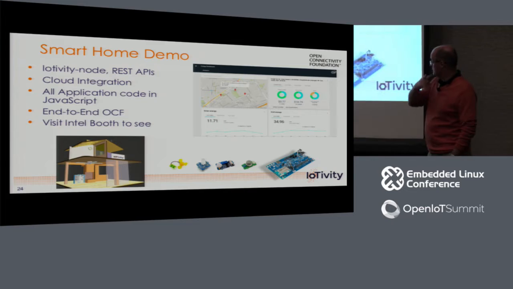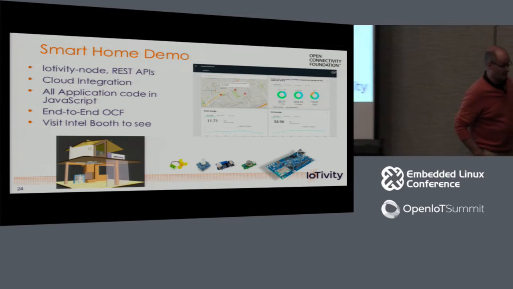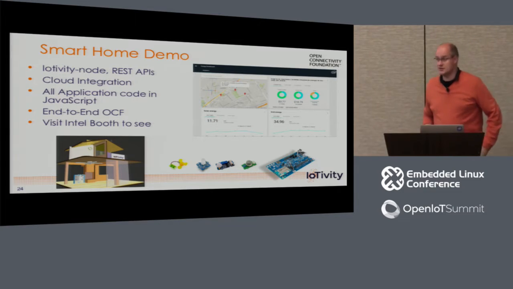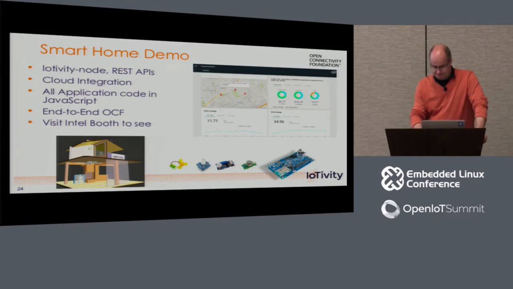And as I said, this is available in the exhibit hall, all the way down the back, close to the window. So please visit that area and check it out. Everything in the demo, in the application code, is written in JavaScript. So that's kind of the proof that you can actually do these end-to-end applications with this.